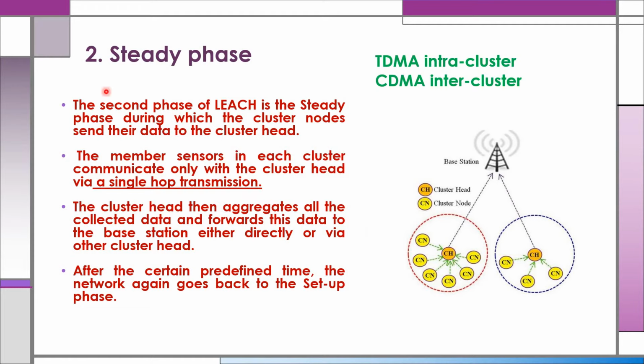In the second phase of operation, we have to perform the corresponding data transmission. After forming a cluster and a cluster head, we allot the time slots. In the first time slot, the first node will transmit the data. During the second time slot, the second member node will transmit the data.